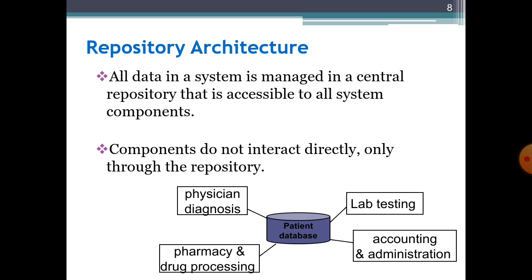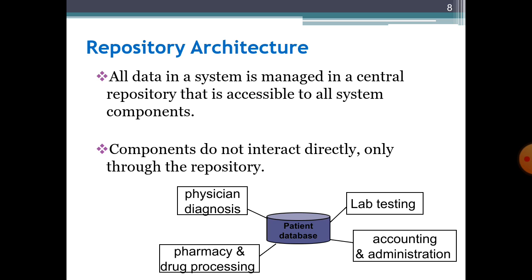So all data in a system is managed in a central repository that is accessible to all the components of the system. What are the components of this system? Physician diagnosis is a component, lab testing is a component, accounting administration is a component, and pharmacy drug processing is the fourth component. So in this diagram, we have four independent components and one data store, and all of these four components communicate with each other through the data store, which is a patient database system.